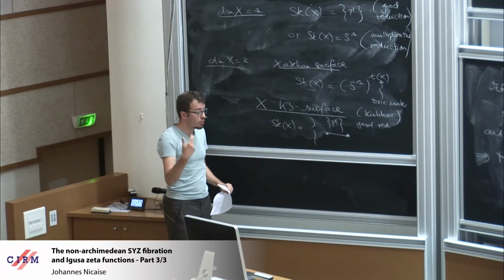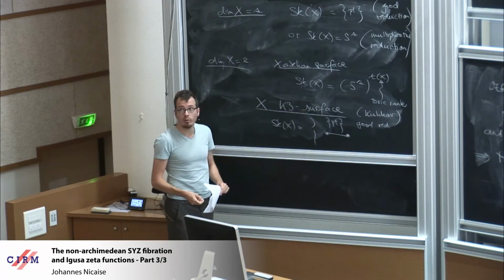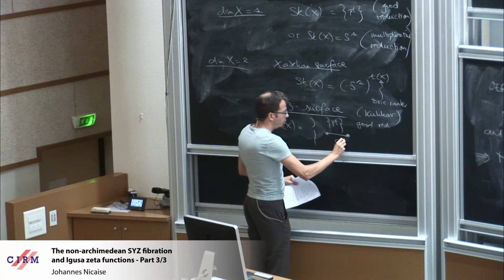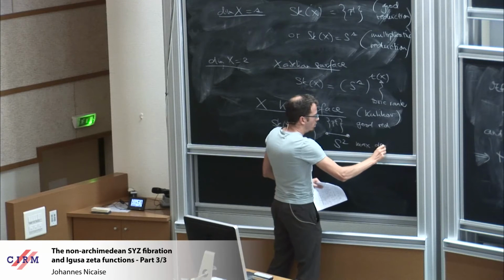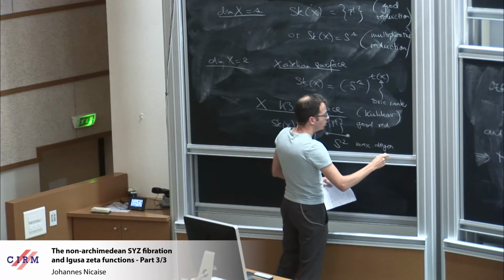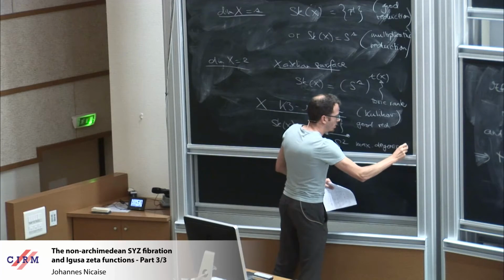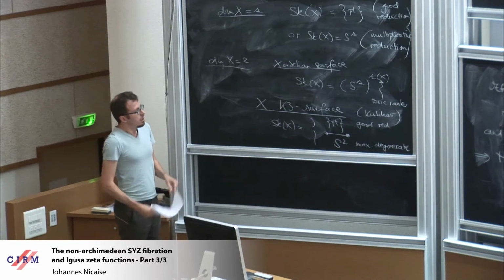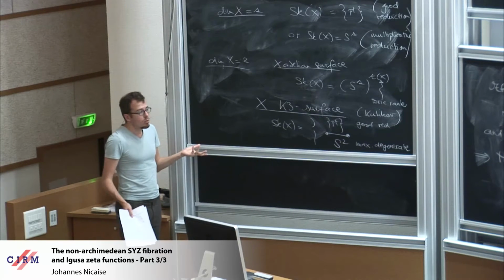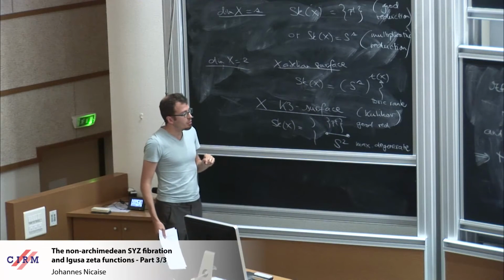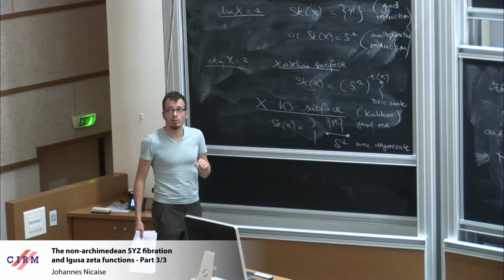So if we have a Jordan block of rank 2 but not of rank 3, and it will be S2 in the maximally degenerate case, so when we have a size 3 Jordan block of monodromy. And I remember in the maximally degenerate case, according to the SYZ conjecture, we're always hoping to find a sphere of maximal dimension.